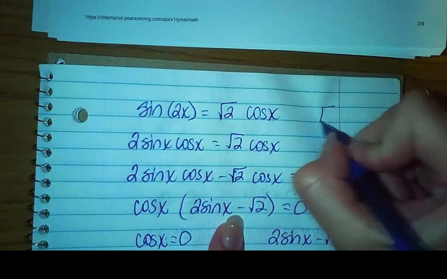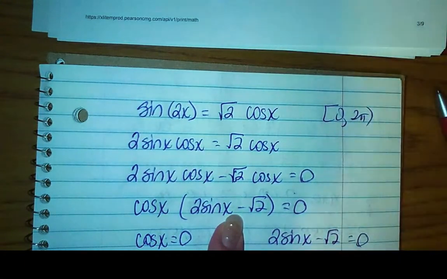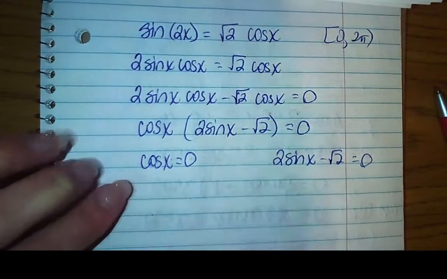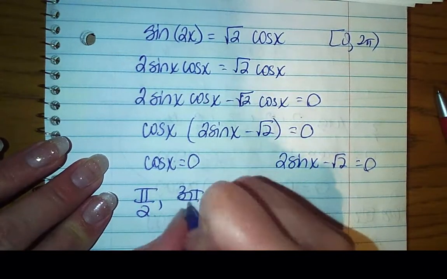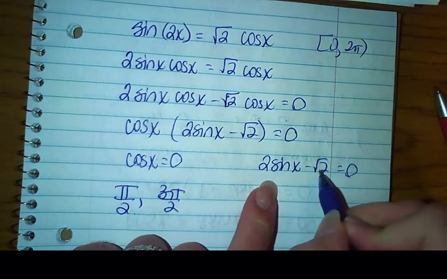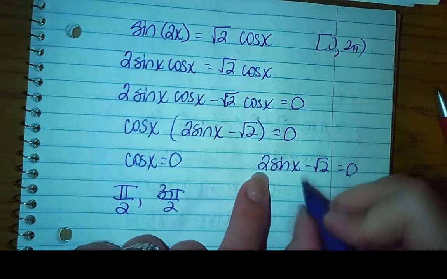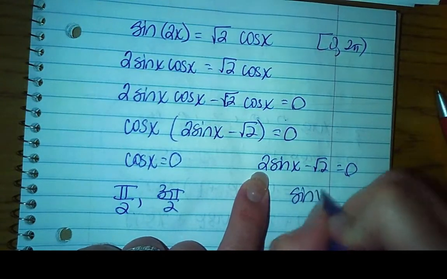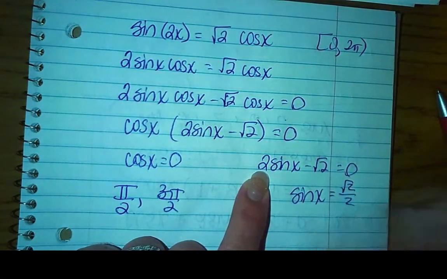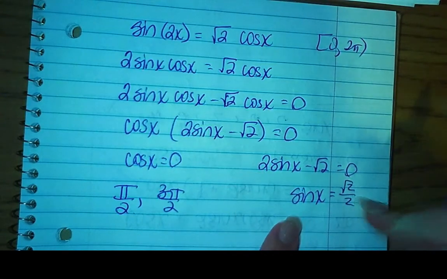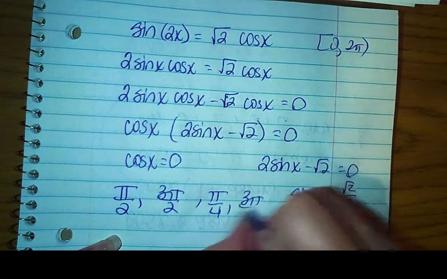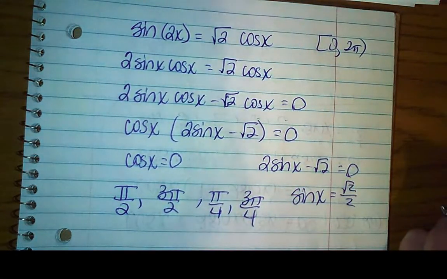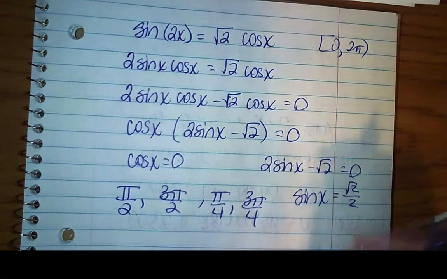Again, we're restricted from 0 to 2 pi, so within 1 lap of the unit circle, the cosine will be at pi over 2 and at 3 pi over 2. This one I've got to solve, so I'm going to add root 2 and divide by 2. So sine x equals root 2 over 2. Where does sine equal root 2 over 2? That's at pi over 4 and at 3 pi over 4. So you've got 4 solutions that will make this work.